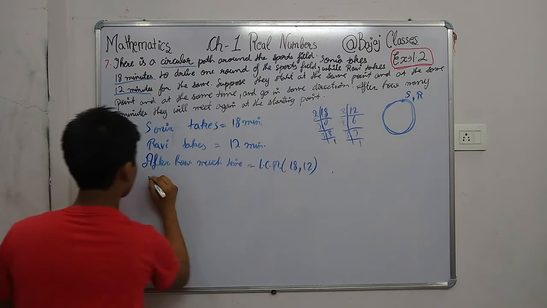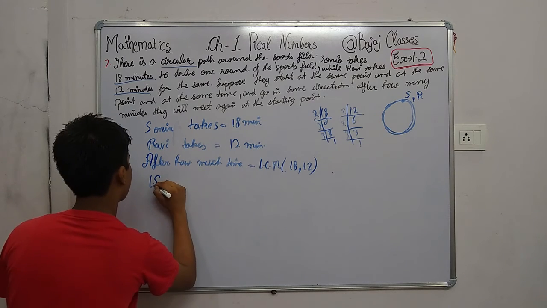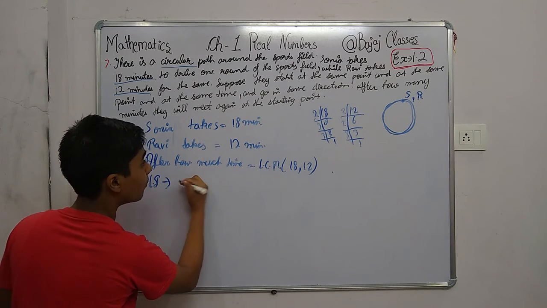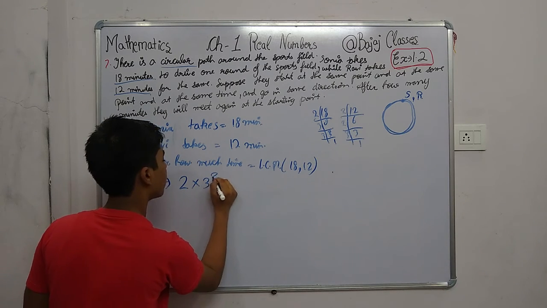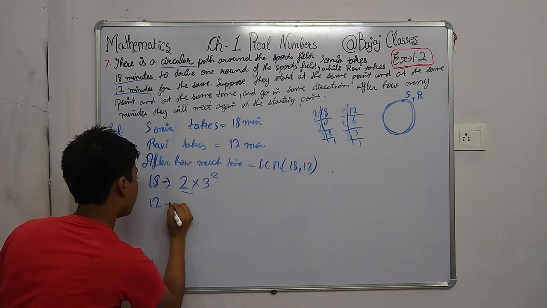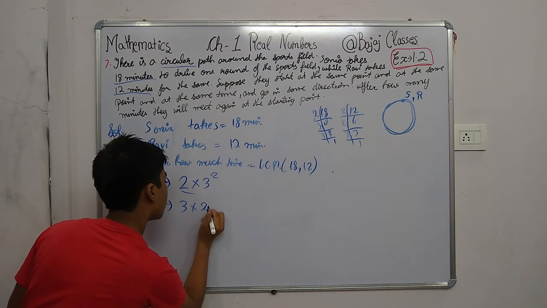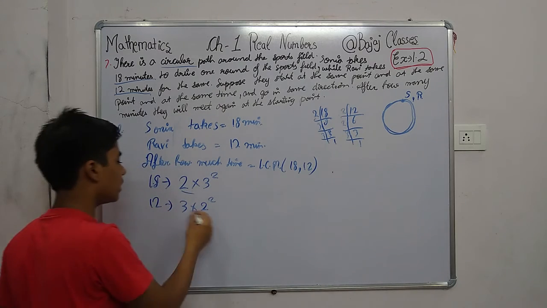First of all, 18 equals 2 into 3 into 3, so 2 into 3 square, and 12 is 3 into 2 into 2, so 3 into 2 square.